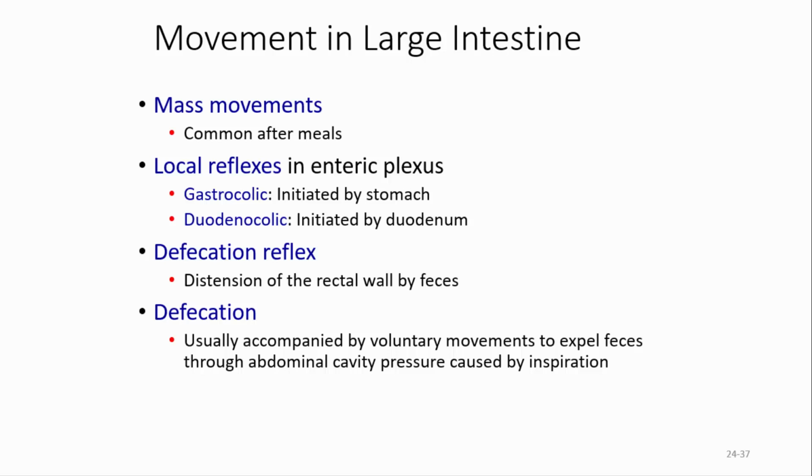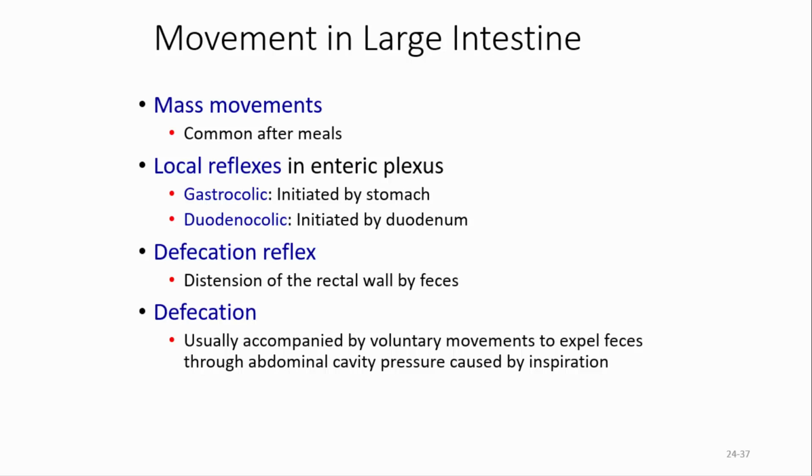And then we have defecation, usually accompanied by voluntary movements to expel feces through abdominal cavity pressure caused by inspiration. That's that Valsalva maneuver I talked about in the respiratory lecture.